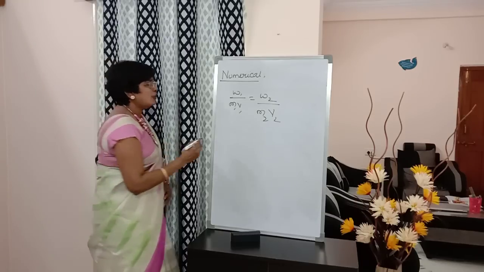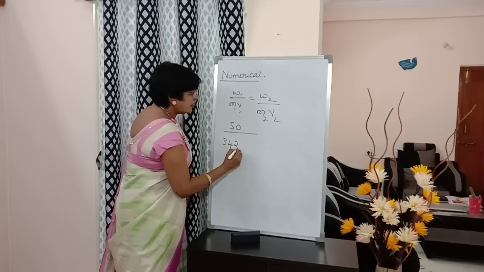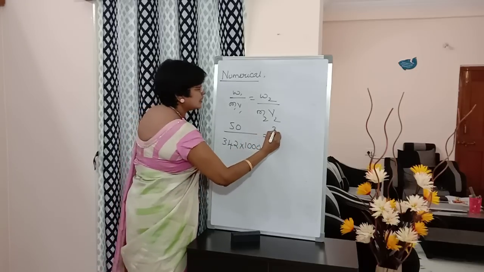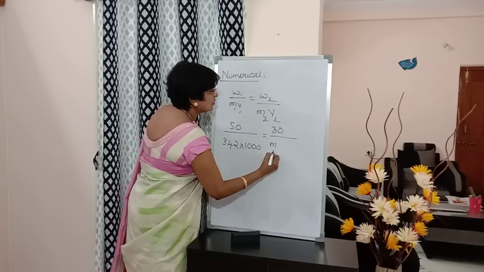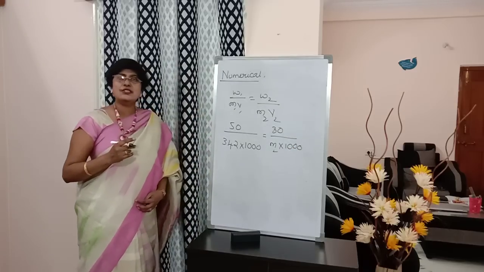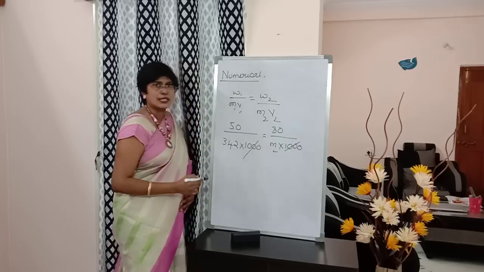Okay. So W1 50 divided by M1 342 into 1000. W2 30. M2 we do not know. V2 1000. Both we converted into 1000, right? So left side 1000, right side 1000.